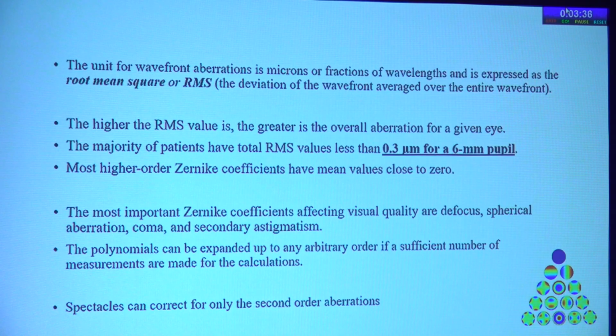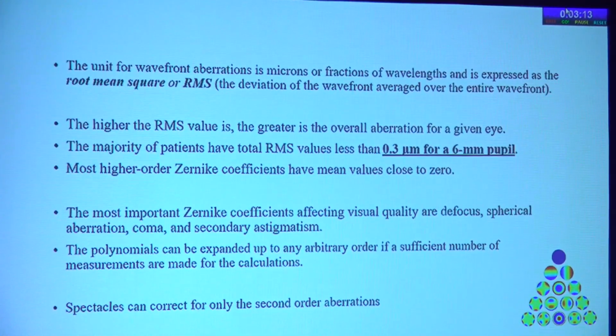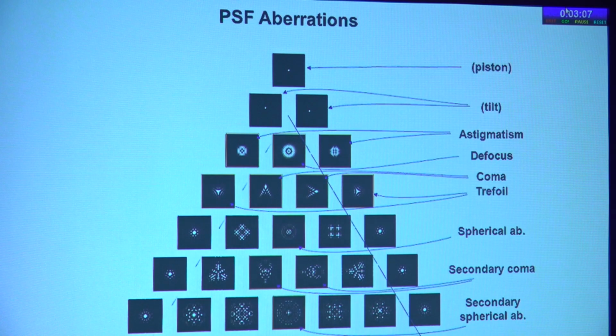The most important Zernike coefficients affecting visual quality would be defocus, spherical aberration, coma, and secondary astigmatism. The polynomials, as I said, first order, second order and so on, can be expanded to any arbitrary order if a sufficient number of measurements are made for the calculation. Currently, that's the biggest drawback for us because we can do only up to 7 orders. Spectacles can correct only the second order aberrations. That's very important clinically. So as I said, this is at the level of the retina.